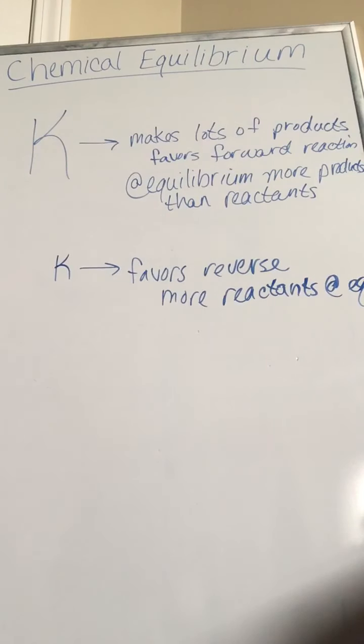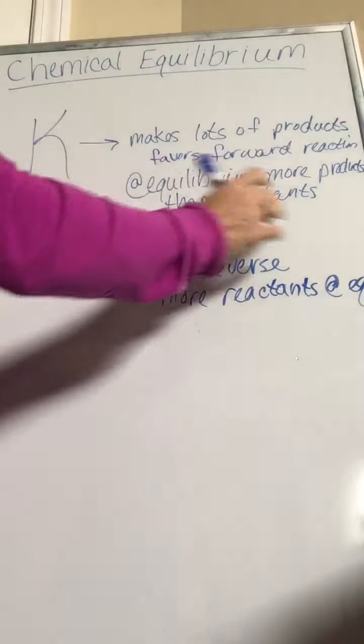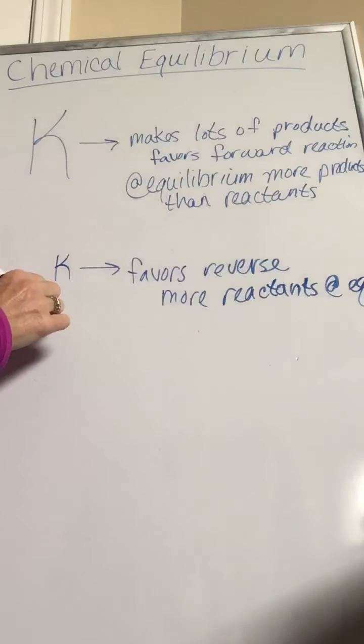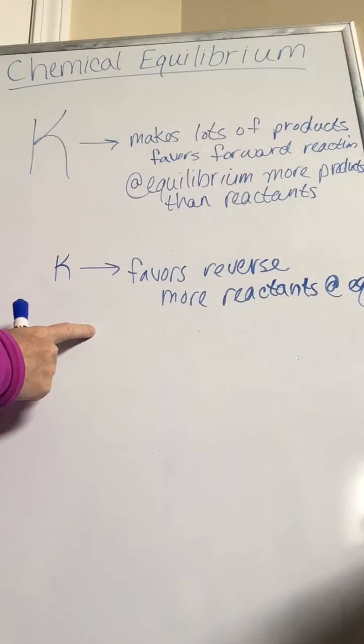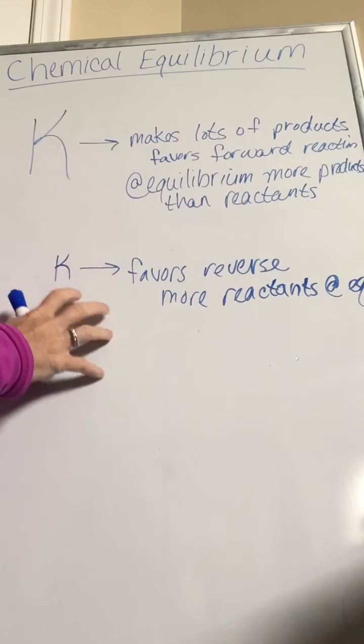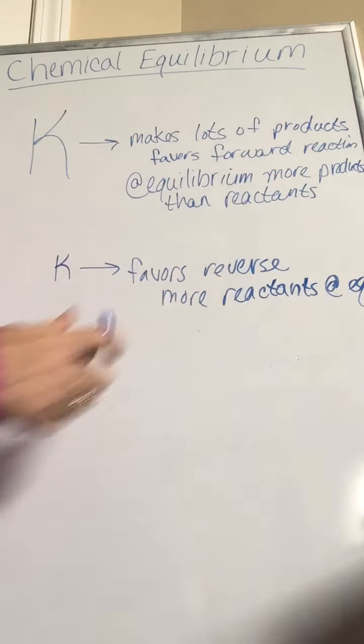That kind of tells that. So we learned how to calculate it, but we need to know what to do with the information. If it's a larger number, it's going to favor the forward reaction, producing the products. If it's a smaller equilibrium constant, it's going to favor the reverse reaction, and there are going to be more reactants at equilibrium than products.